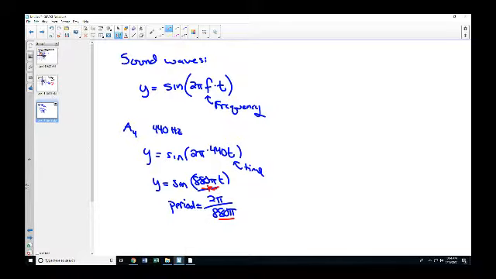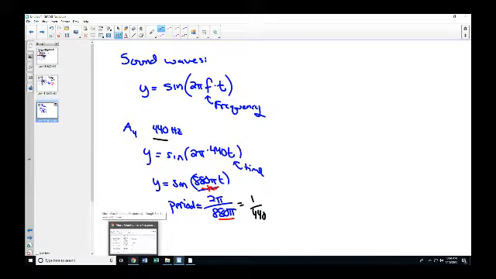Now just simplify mathematically: 1 over 440. So 1 over the frequency. You can make it simple: 1 over frequency is the period of a sound wave.